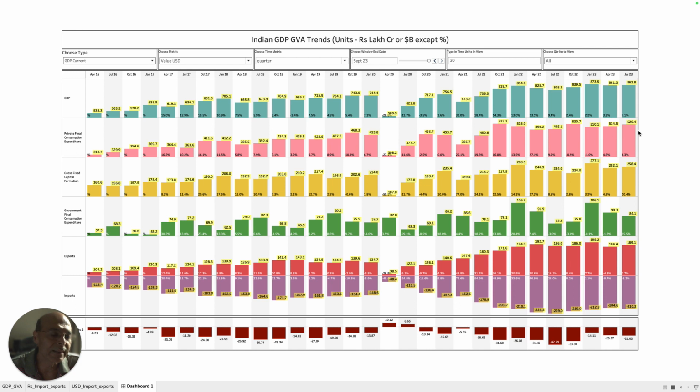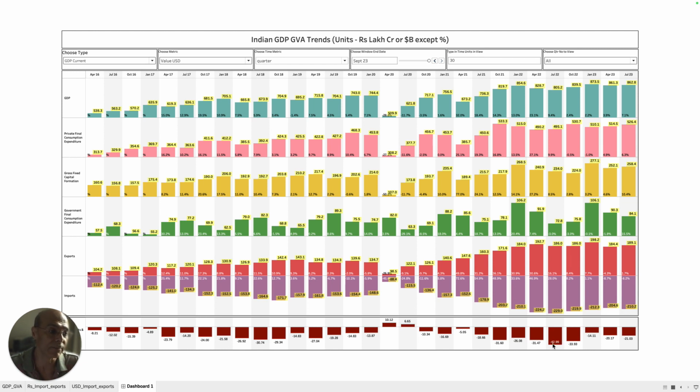The private sector consumption is also telling a similar story, right? The numbers are better, but not significantly better, which is what we want. Now, coming back to the import-export numbers, you see that the net import-export numbers were worse in the previous financial year.